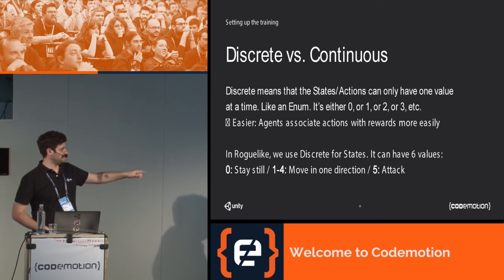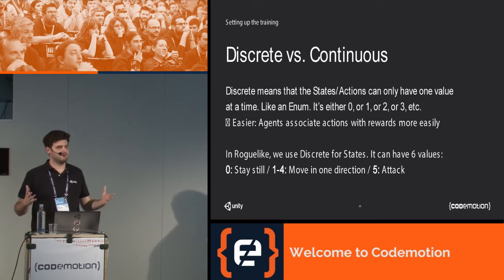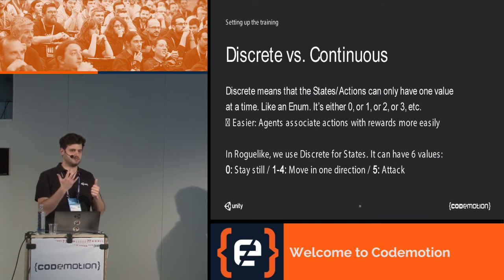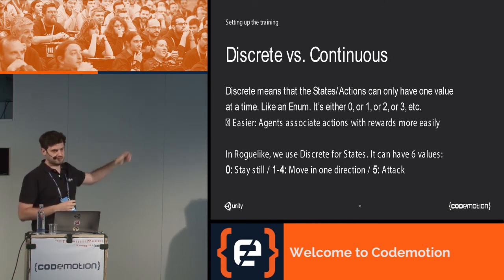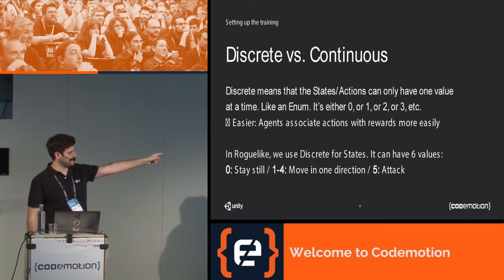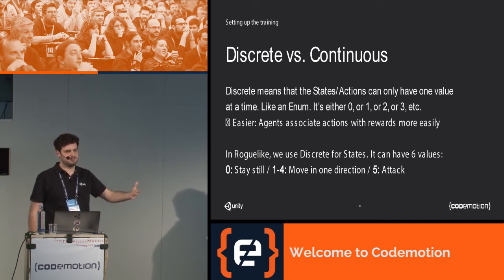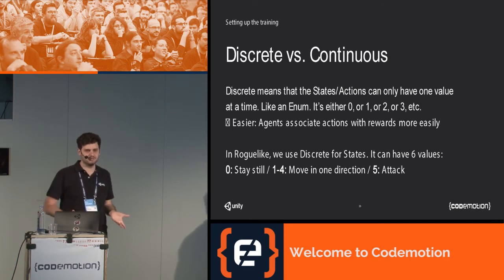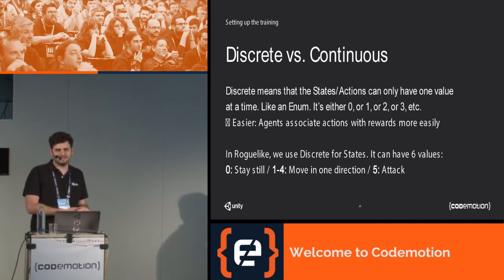And then we moved everything to discrete. So now there's only one variable that can have 6 values: you stay still, or you move up, down, left, right, or you attack. The agents can only do one of these per frame, and that's a discrete state. The thing with discrete is that it's easier to work with, because the agents associate actions with reward more easily. If they attacked that frame and they get a reward, then that reward is probably because they attacked.